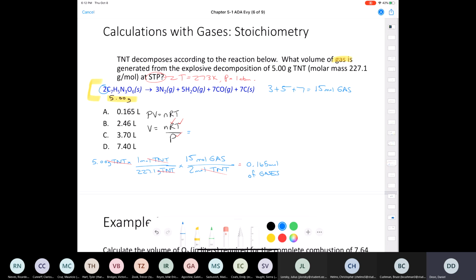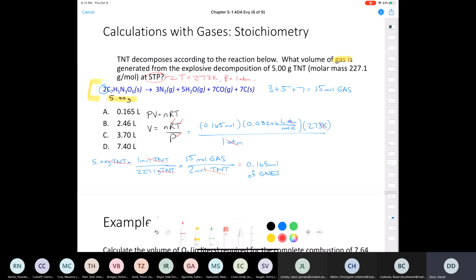The total volume of all those gases is 0.165 moles multiplied by my gas constant, multiplied by my temperature, and divided by my pressure.